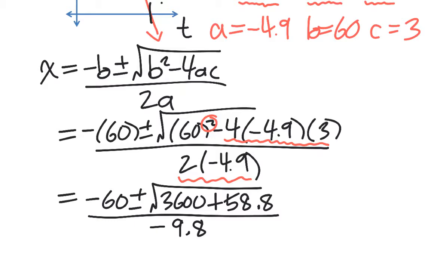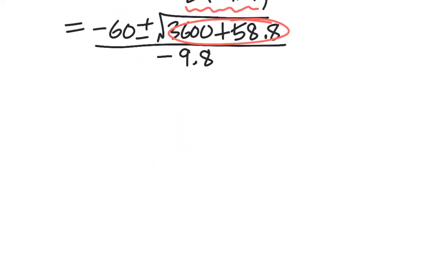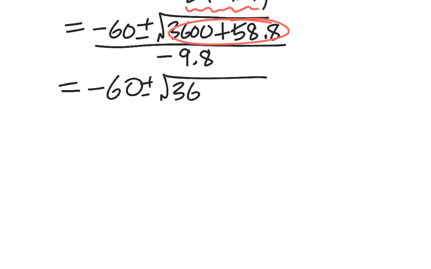Next, I'm going to add these two numbers together. So 3,600 plus 58.8 is 3,658.8.